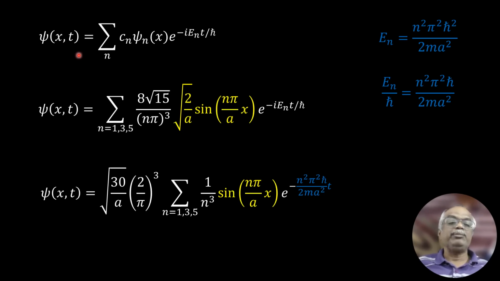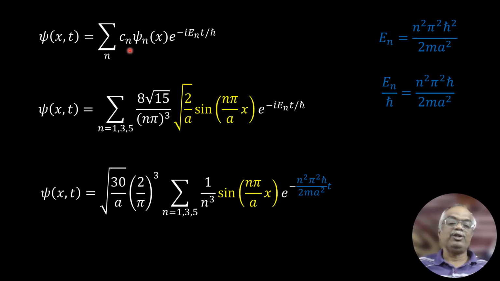Now the time dependent wave function psi of x and t is equal to, using Fourier techniques, summation over n of Cn psi n of x e power minus i En t over h cross.